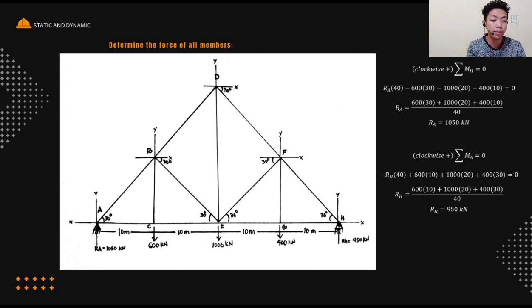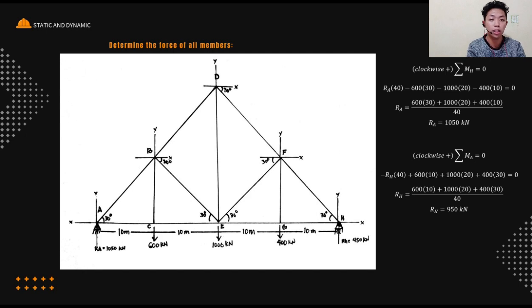Then the 400 has a moment arm of 10, negative because its direction is also counterclockwise, equals 0. So we divide by 40, the moment arm of RA, to get the value of resultant A. So RA equals 600 times 30 plus 1,000 times 20 plus 400 times 10 over 40. So the value of RA will be 1,050 kilonewtons.